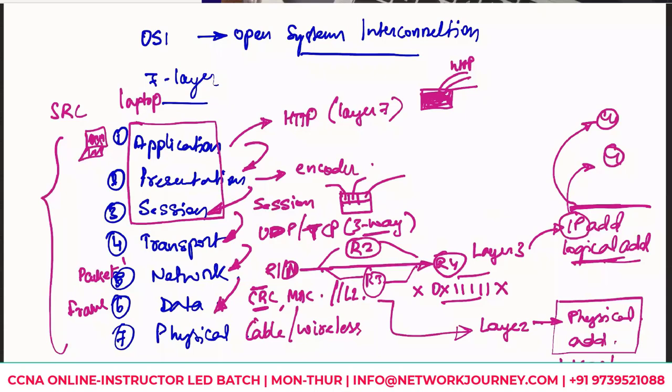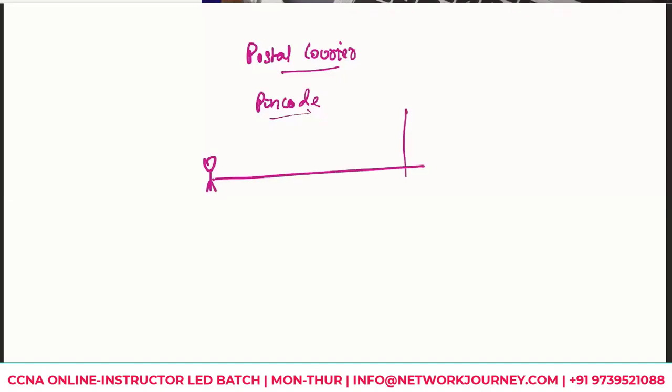So the network, though it knows how to reach, will then send to the data link OSI layer to find the actual location of that particular person. It's like, for example, you have a postal courier. Usually the pin codes are referred to. The pin code gives some sort of hint to the postal person to reach your area.